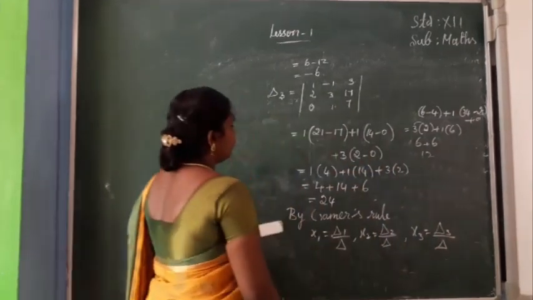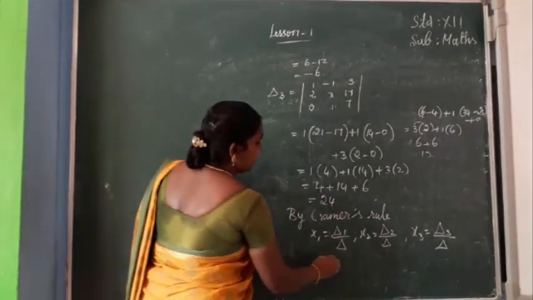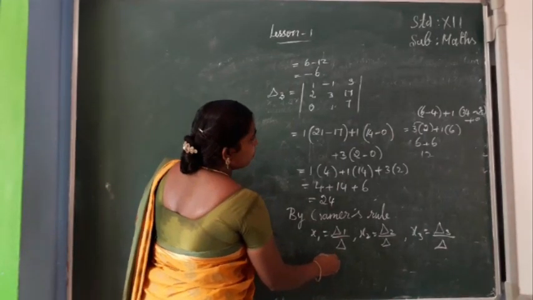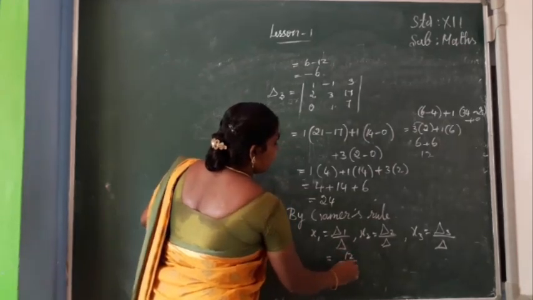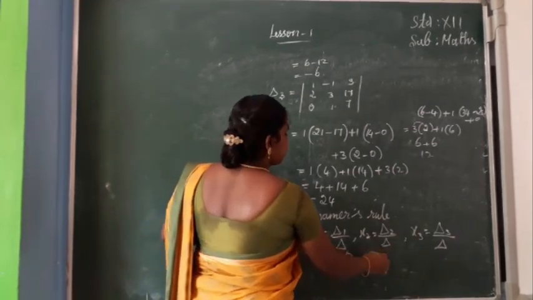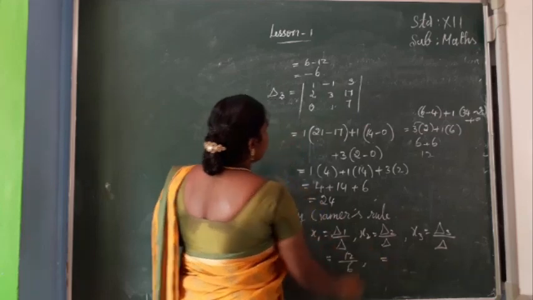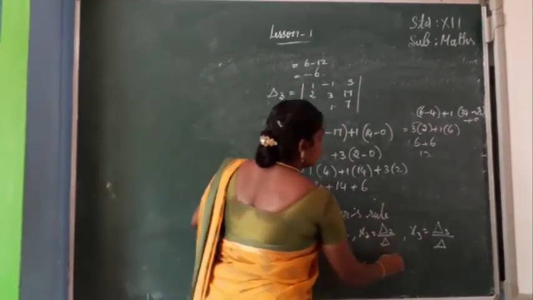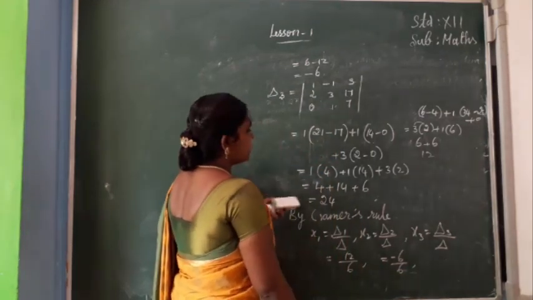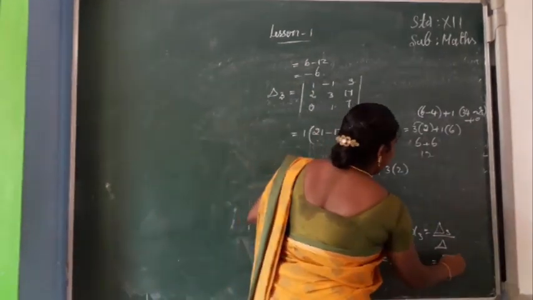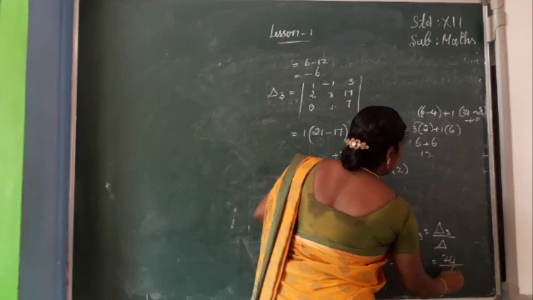Now apply the values. x1 equal to delta 1 value, 12, divided by delta value, 6. Then x2 equal to delta 2, minus 6, by 6. Then delta 3 is 24, so 24 by delta is 60.